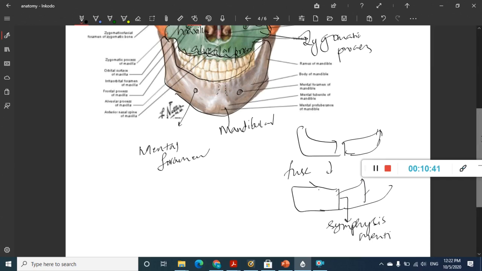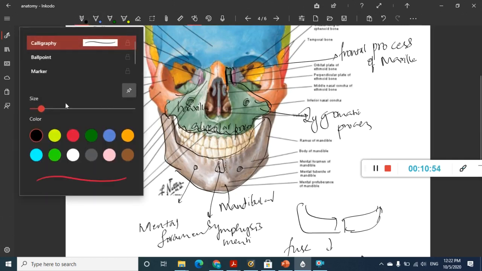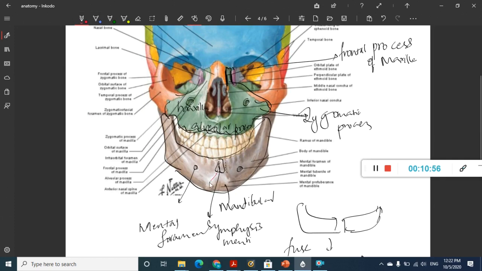So this elevation which you are seeing here is nothing but the symphysis menti. And below the symphysis menti, if you see, you have a triangular part, right? This triangular elevation is called the mental tubercle or protuberance.